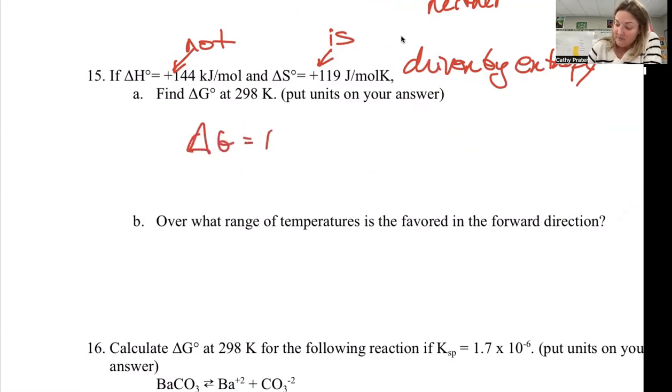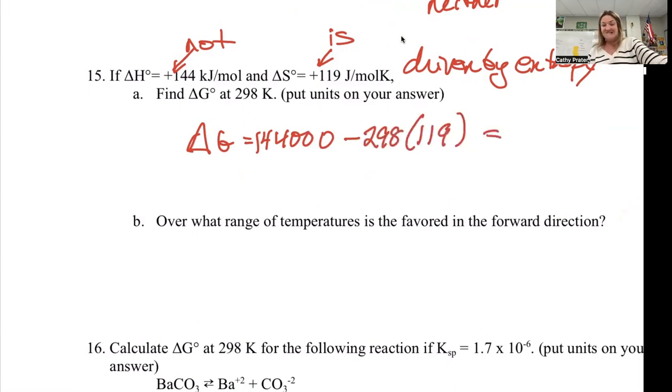Same concept as before. 144,000 minus T delta S. 144,123 minus 298 times 119. Gives me 108,538 joules per mole. Not favored at this temperature.